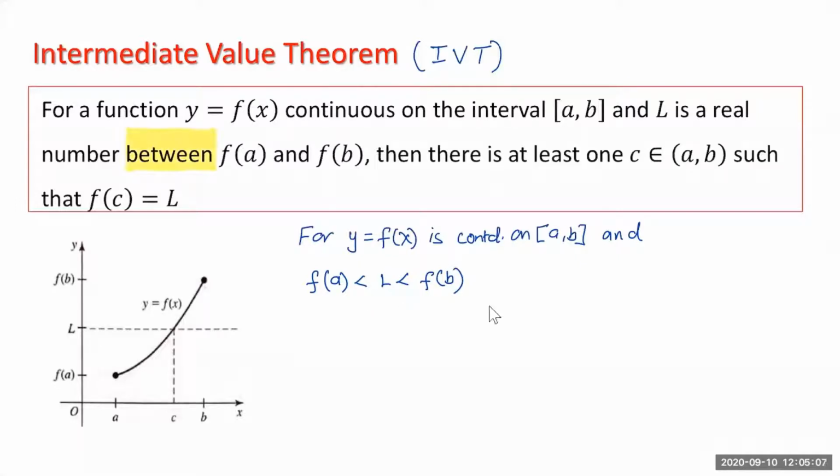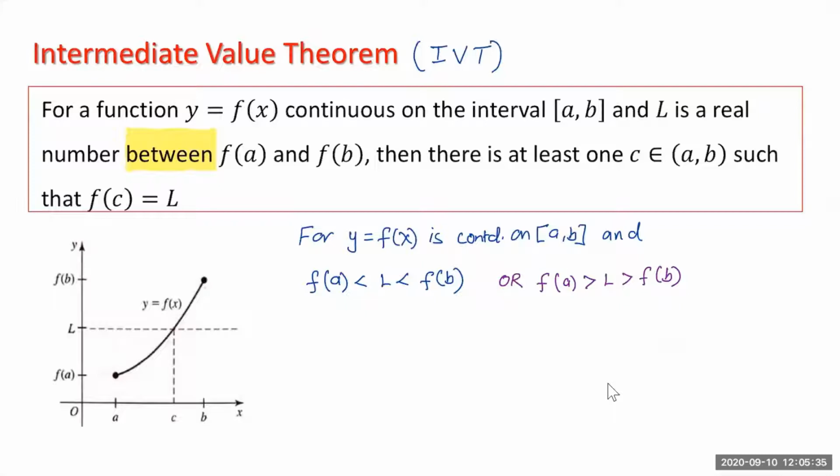Or there's a second way of writing this: f of a is greater than L, then f of b. In either case, whether you take the first case or the second, L is in between f of a and f of b.